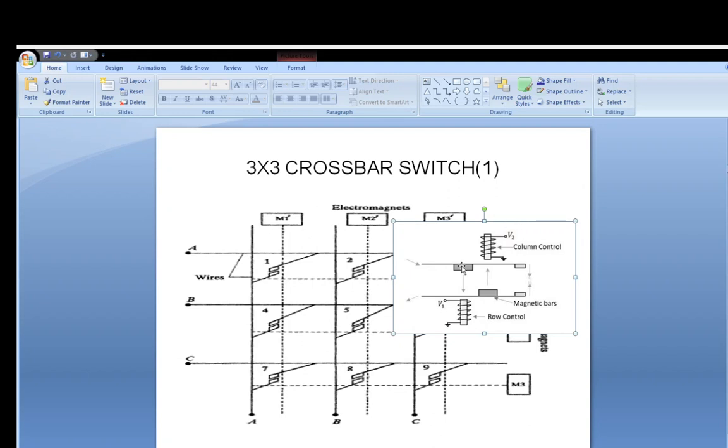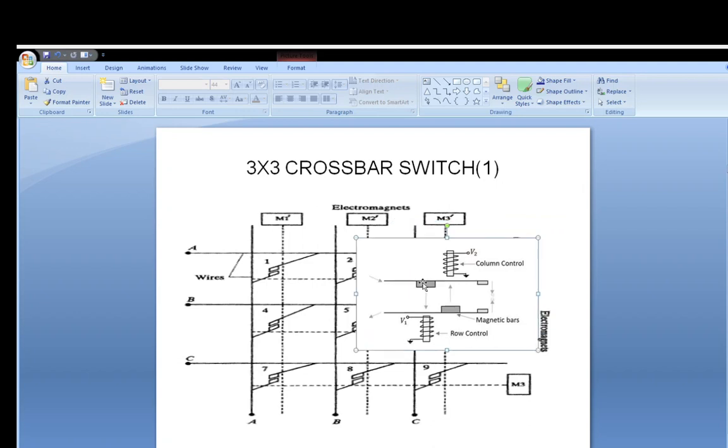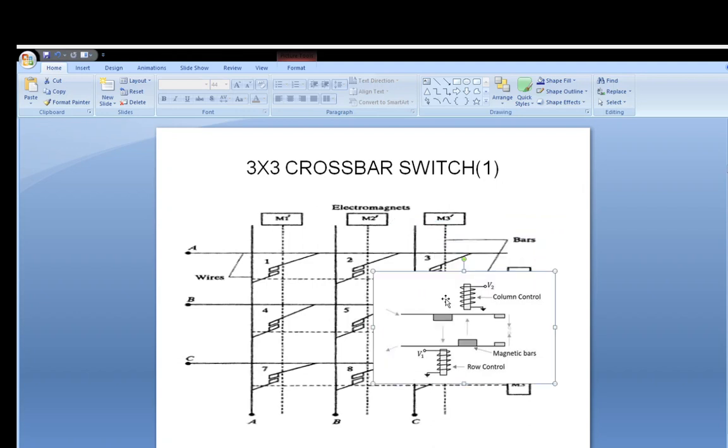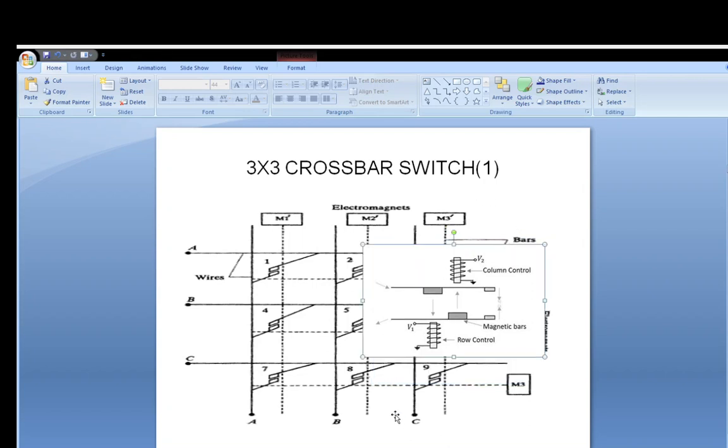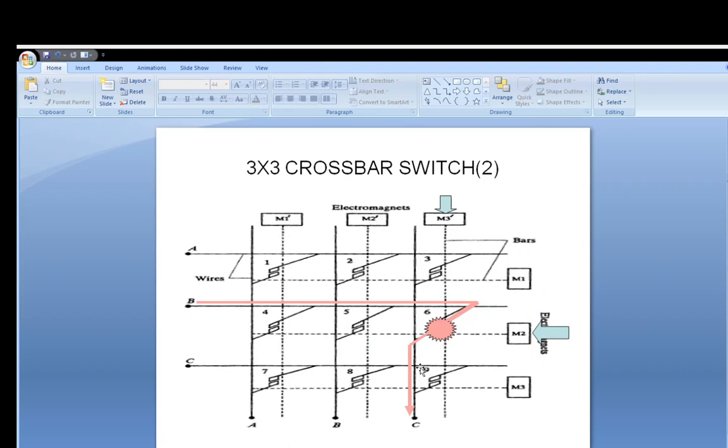If we go with this circuit representation, in which the circuits are represented in matrix form, we can see it more clearly in this figure.